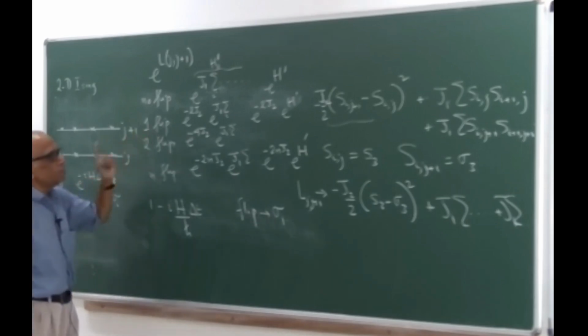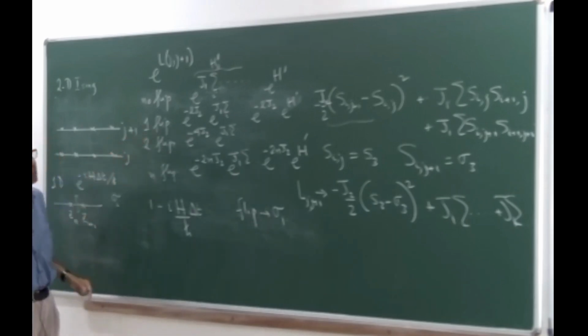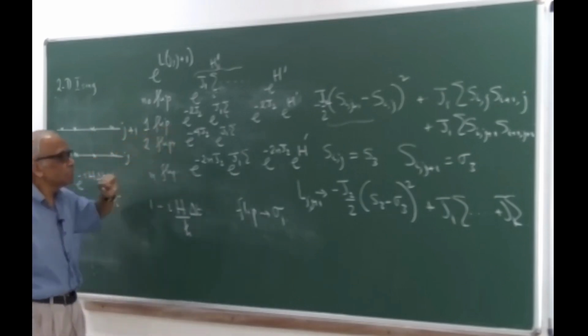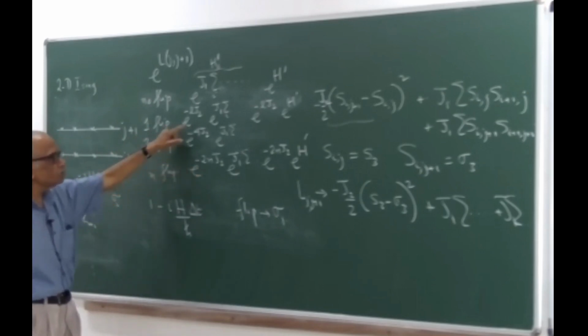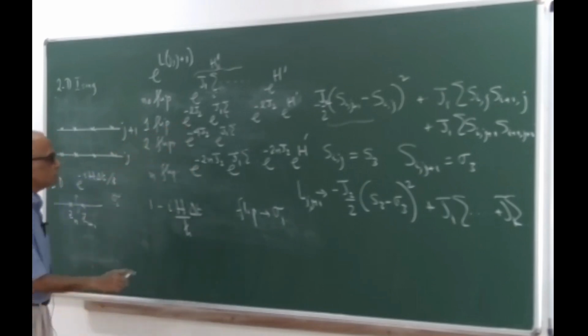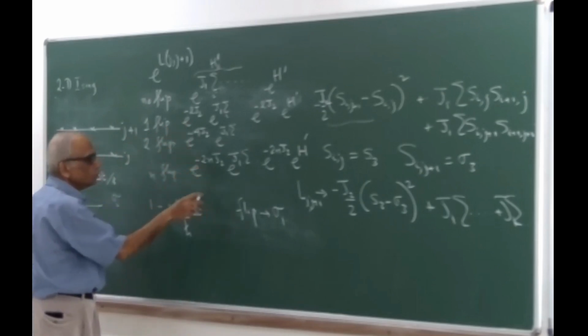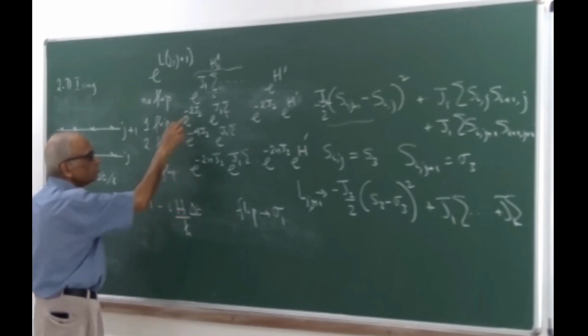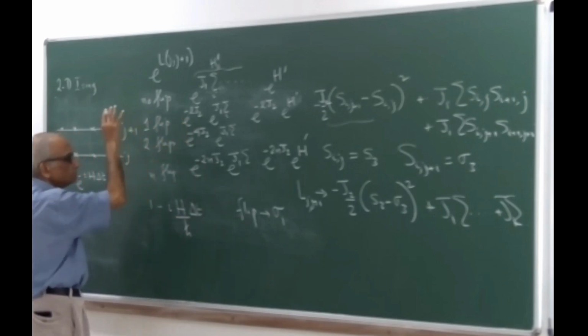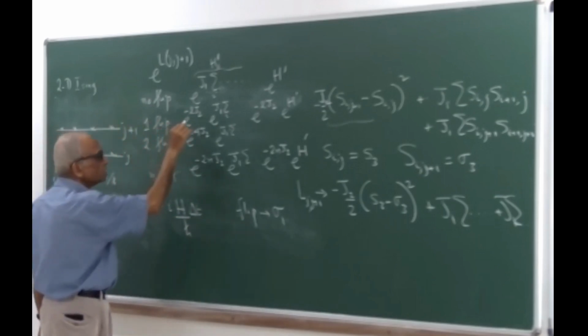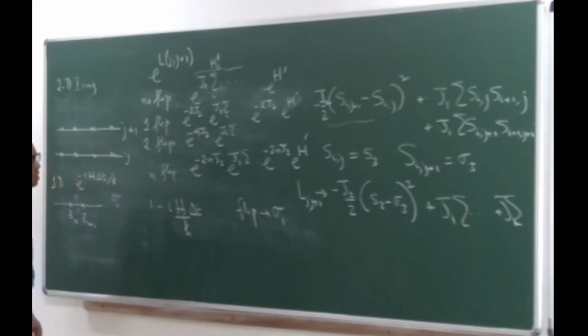So one flip over here. The first one, no flip, looks like this. The one flip looks like this. And so what is going to happen is that the part of the Hamiltonian that you are going to generate is the part which is associated with this sigma 1 over here.